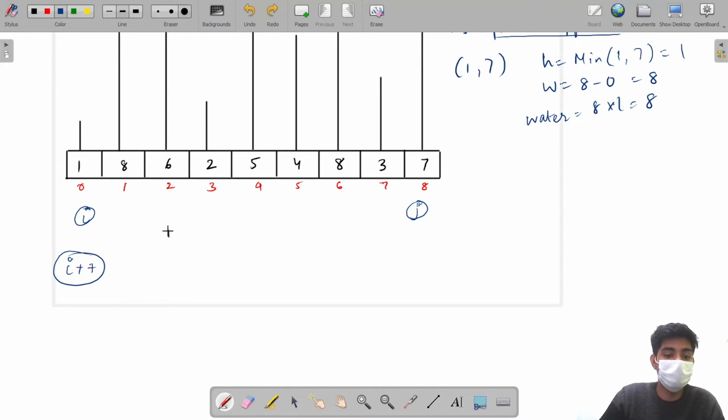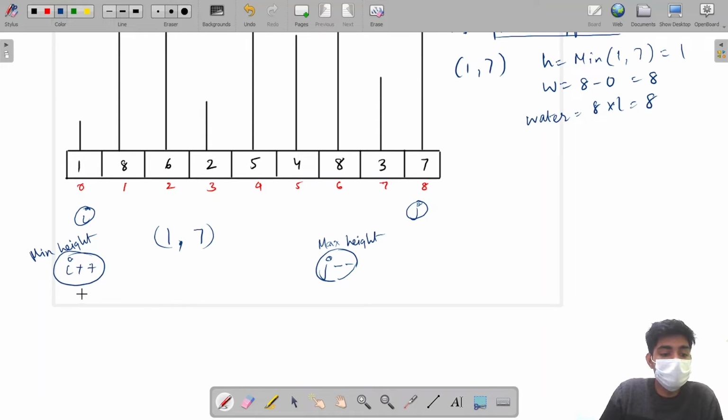This is all happening for 1 comma 7, and here my i is at minimum height, because 1 is minimum and 7 is maximum. I'm only comparing 1 and 7 right now. So my j is at maximum height between the only two values, between 1 and 7 only, right? So i can either increase, j can either decrease.